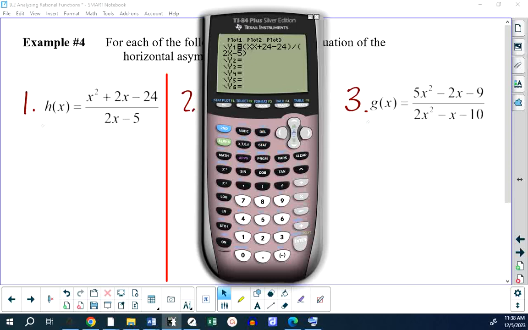And by the way, horizontal asymptotes have nothing to do with factored forms. In fact, we would prefer it to be in this form. And I'm going to go zoom 6. I better double check. Nope. I'm going to go zoom 6.